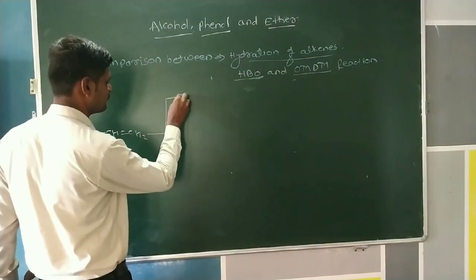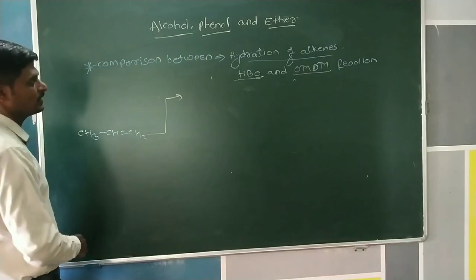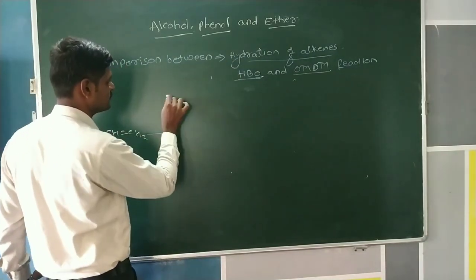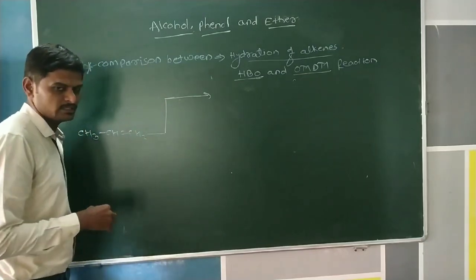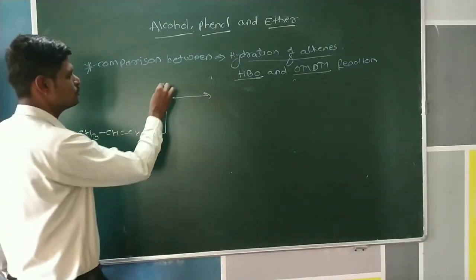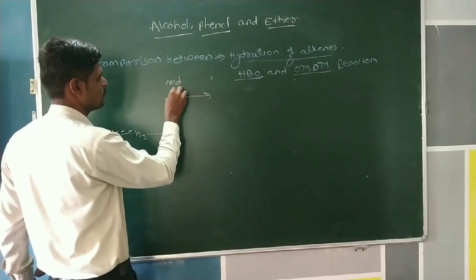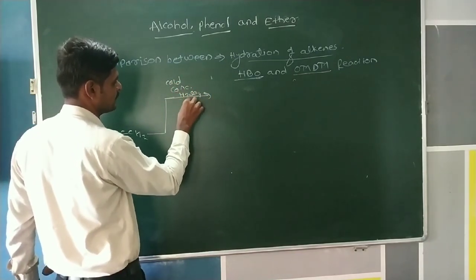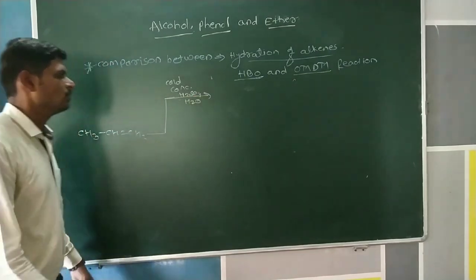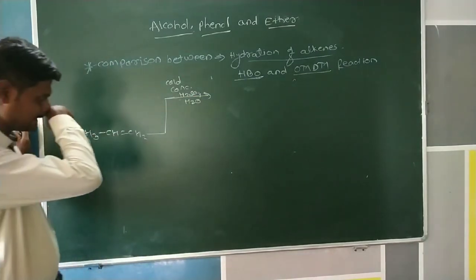For this unsymmetrical alkene, firstly, the product is carried out on the basis of hydration of alkene. In this reaction we can use cold concentrated H2SO4 and water molecule, and it undergoes hydrolysis.